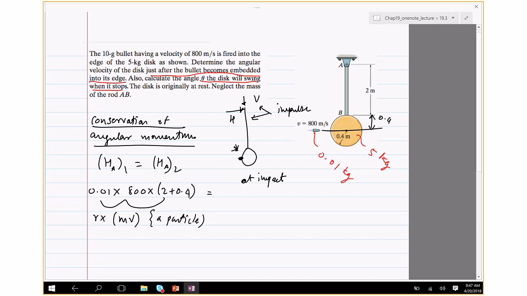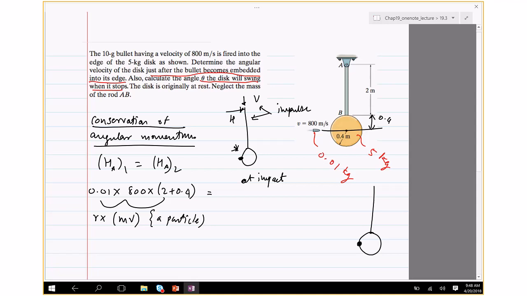Equals the angular momentum after the bullet gets embedded. So now the system consists of the bullet, which can be embedded here, or here. Where it gets embedded matters because the inertia is going to be different, right? If it gets embedded here, we need to find the inertia about here.